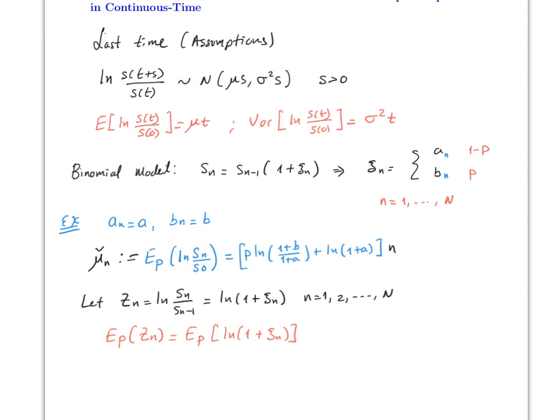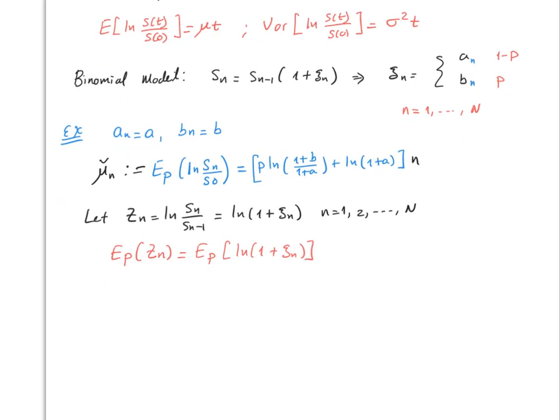Now by the definition of expected value, this will equal p times ln of (1 + b) plus (1 - p) times ln of (1 + a). Why? Because remember that C_n is equal to b with probability p, and a with probability 1 - p.